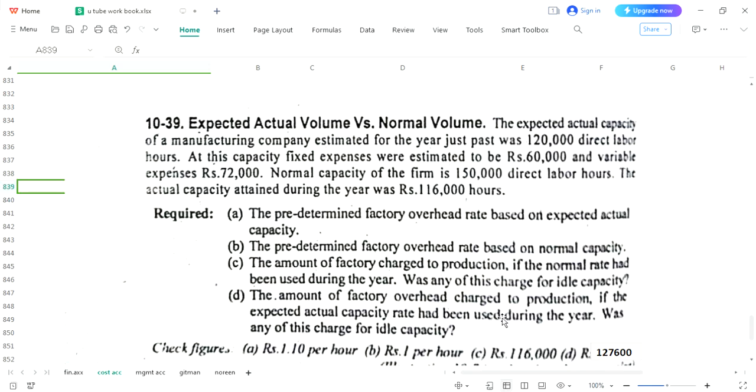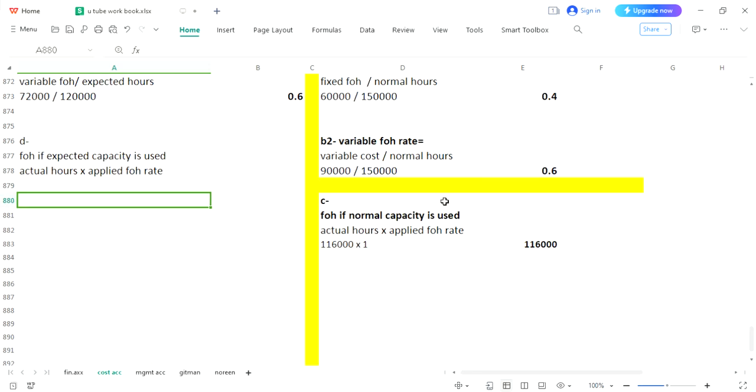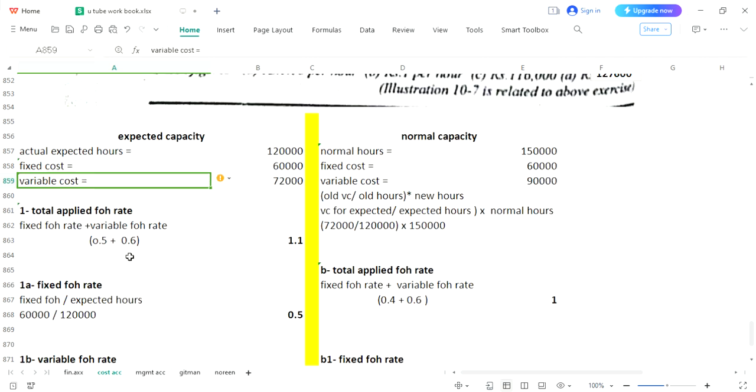Actual hours given in the question are 116,000, multiplied by the applied FOH rate we calculated over here, 1.1.